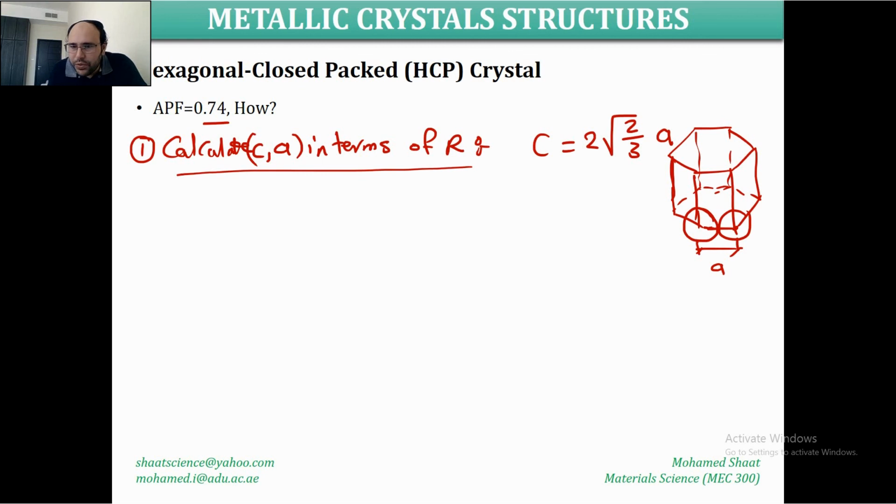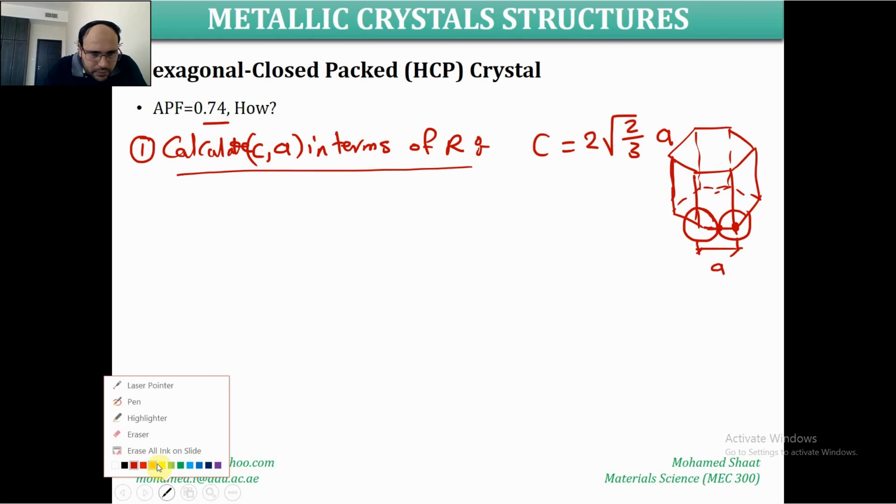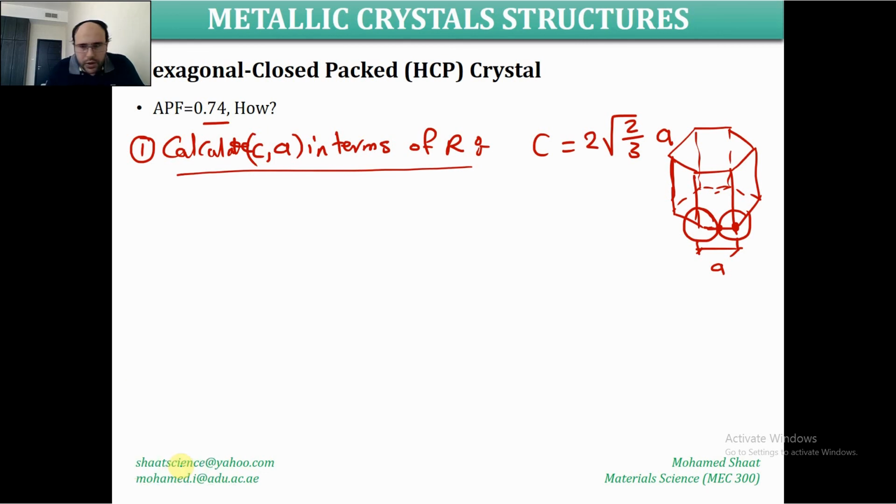It means that the distance from this center to this point should be R, which is the radius of this atom, and the distance from this point to this point should be another R. So in total, A is going to be equal to 2R. Agree? Based on the geometry.